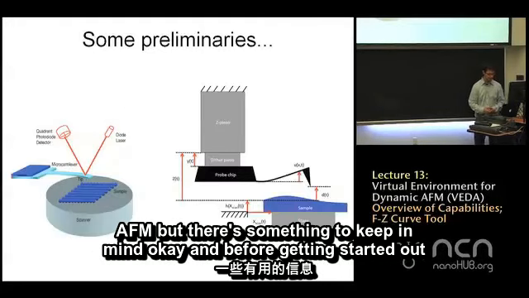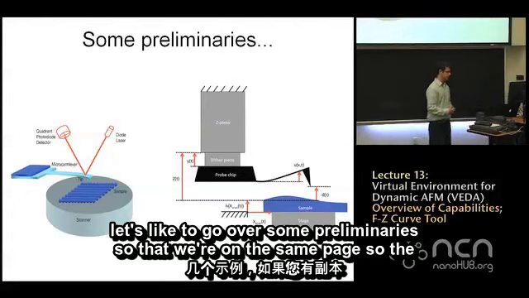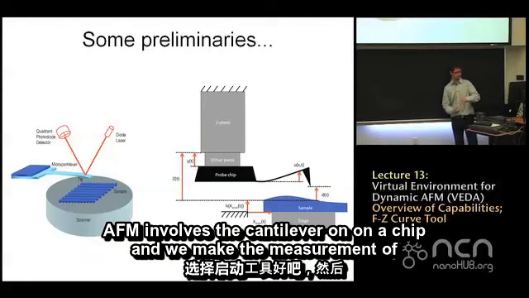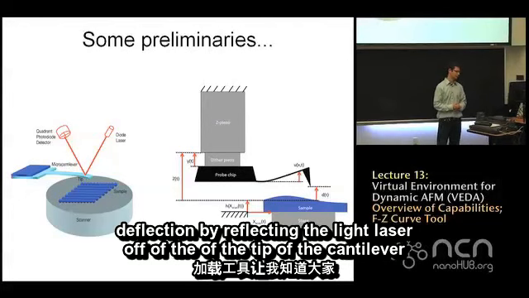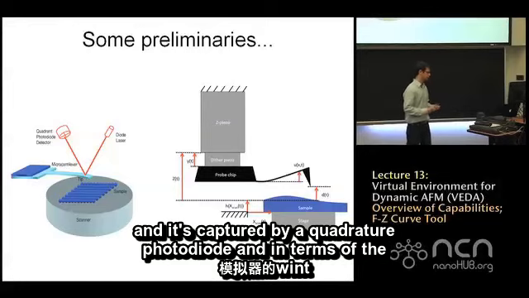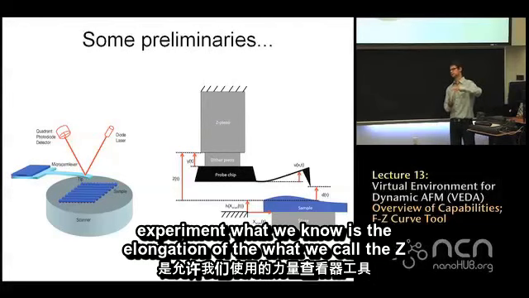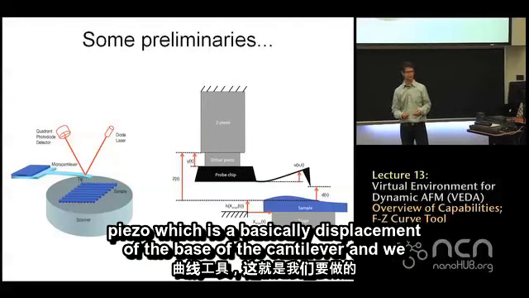Okay, and before getting started, I'd just like to go over some preliminaries so that we're on the same page. The AFM involves a cantilever on a chip, and we make the measurement of deflection by reflecting a laser off of the tip of the cantilever, and it's captured by a quadrature photodiode. In terms of the experiment, what we know is the elongation of what we call the Z piezo, which is basically displacement of the base of the cantilever, and we know the deflection.